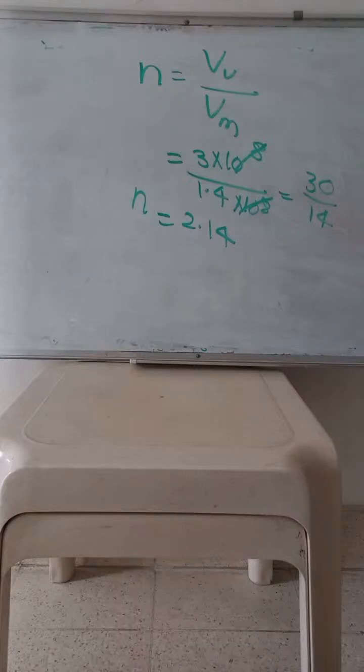A student uses a lens of focal length 40 centimeter and another of minus 20 centimeter. Write the nature and power of each lens.